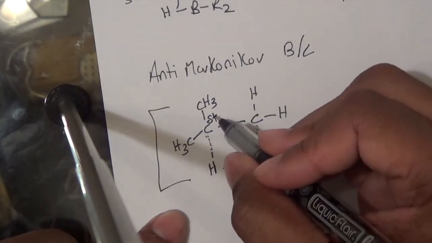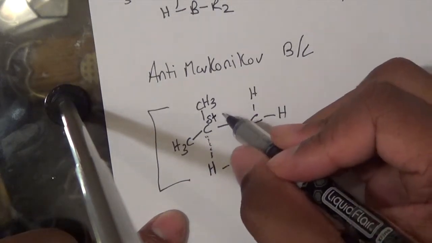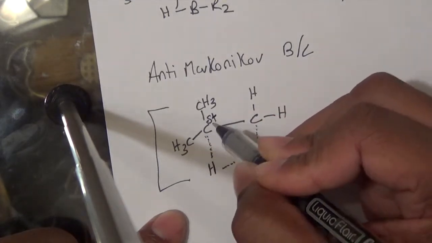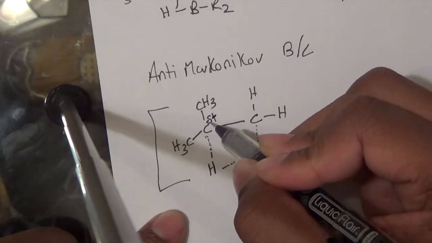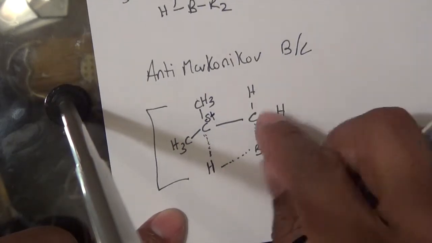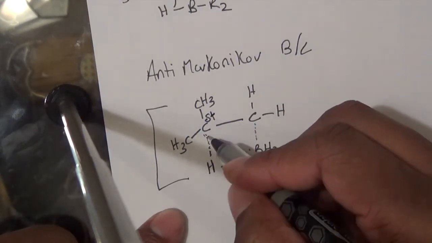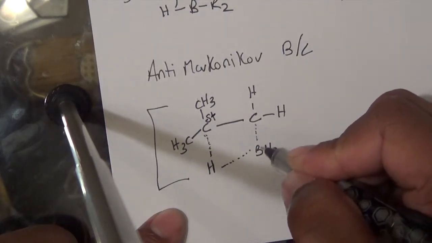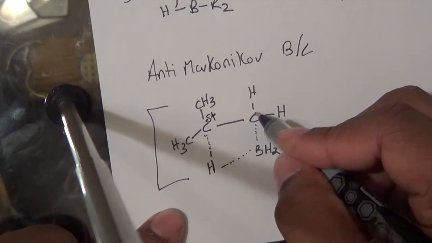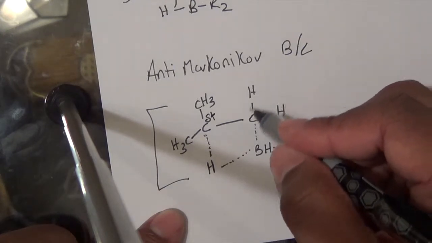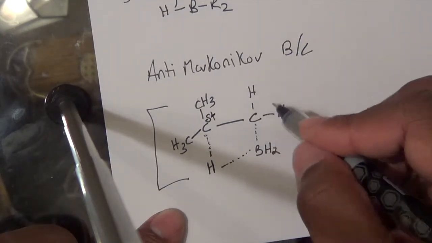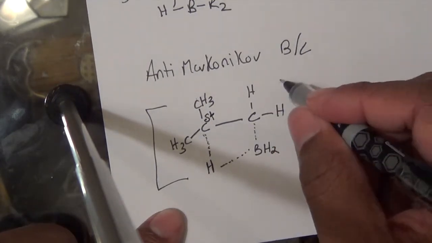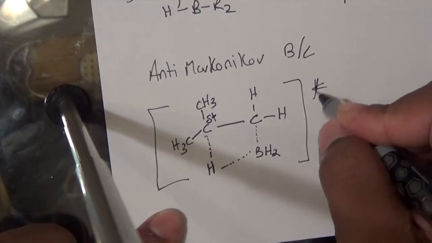Okay, if that puts a partial positive charge here, that means that these methyl groups are going to stabilize that partial positive charge. Versus if it was the other way around, if this bond formed first and this one was down below, not fully formed, then the partial positive charge would be over here, but this transition state will be higher in energy because these two hydrogens cannot donate to support that positive charge. Okay.